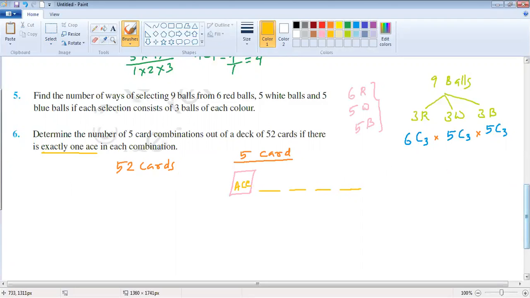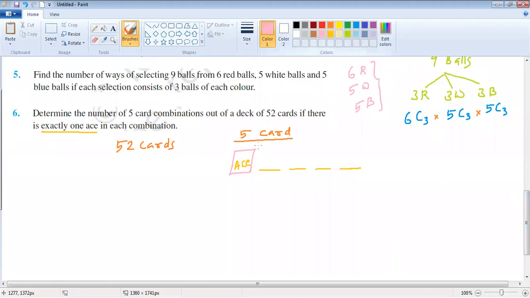So how many ways are there? You can see that there are 4 aces. You have to choose one ace from the 4 aces, so there are 4C1 ways. The other cards: there are 48 cards other than ace, and from them we need 4 cards.